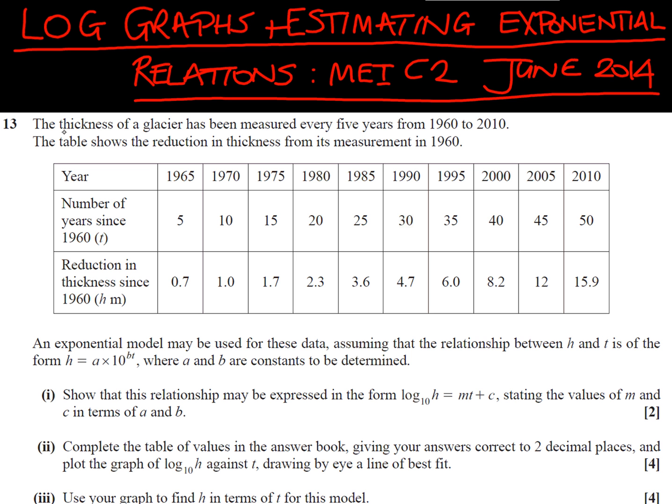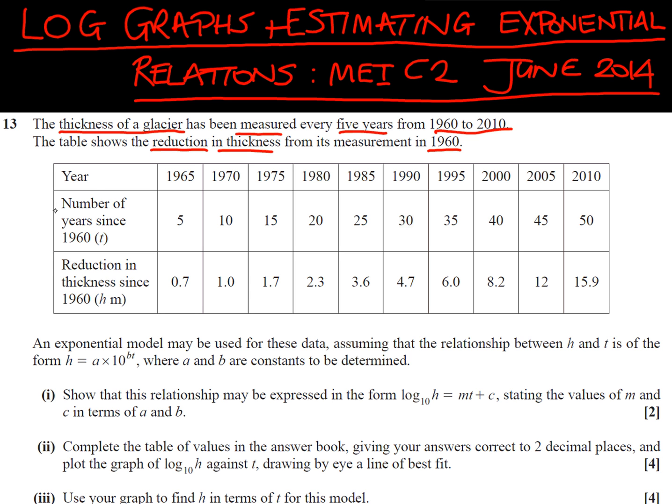The thickness of a glacier has been measured every 5 years from 1960 to 2010. The table shows the reduction, worth bearing in mind it says reduction in thickness from its measurement in 1960. So here are all our years from 1965 all the way to 2010, and now we've got two variables.